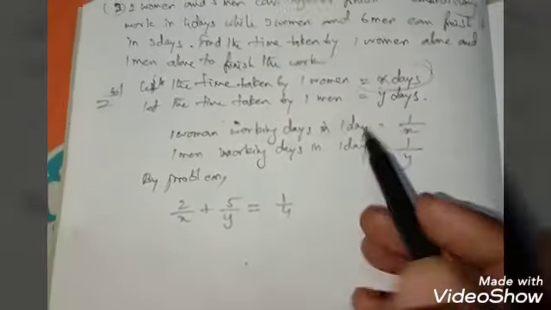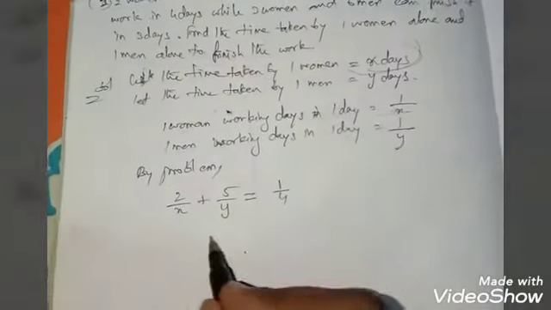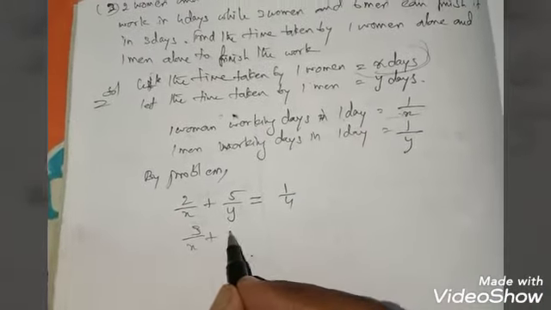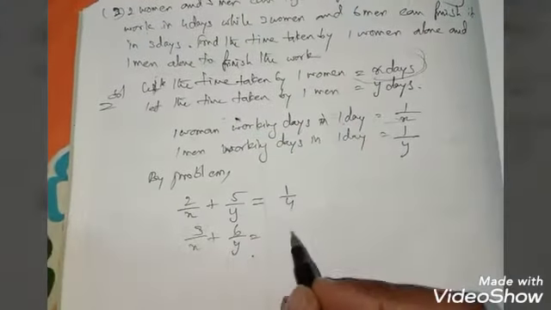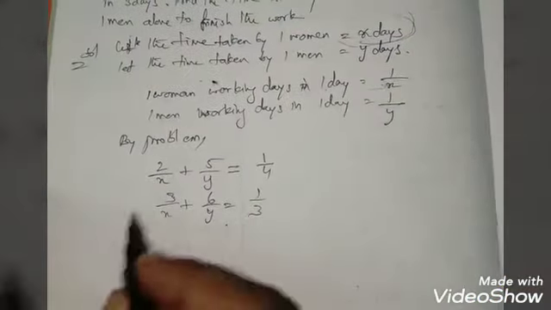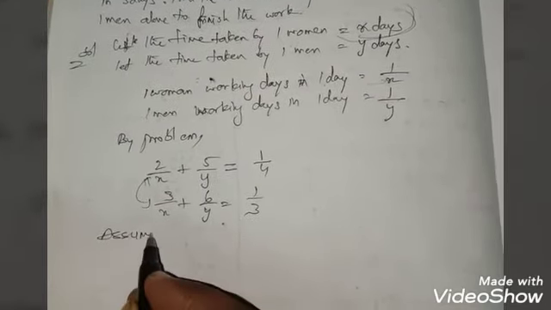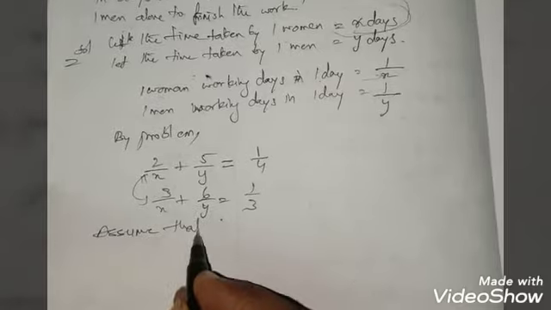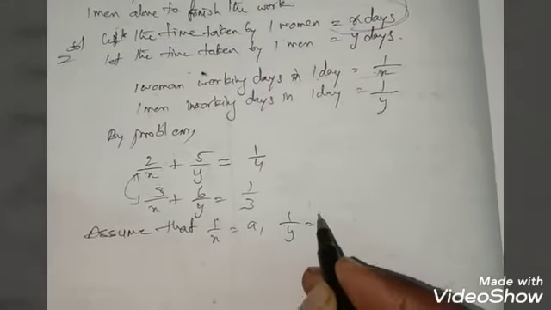Coming to the next line, 3 women and 6 men together can finish the work in 3 days, that is 1 by 3, right? So after converting this, I can assume that 1 by x is equal to a and 1 by y is equal to b.